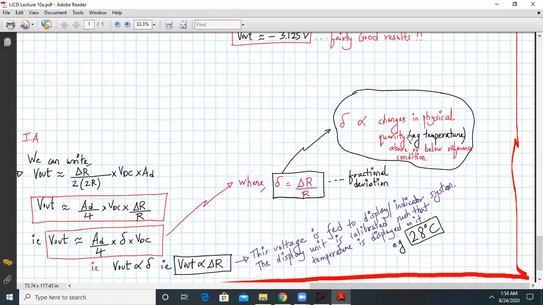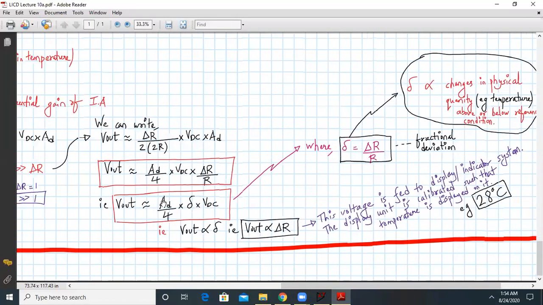So this delta R upon R is also called the fractional deviation. That's good to know.